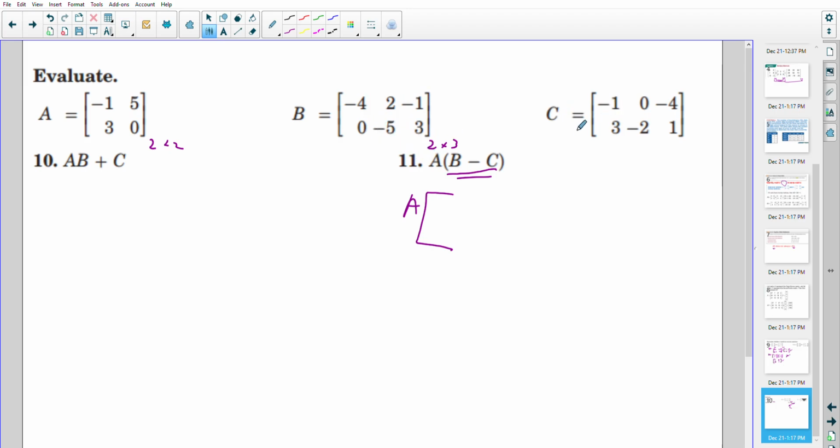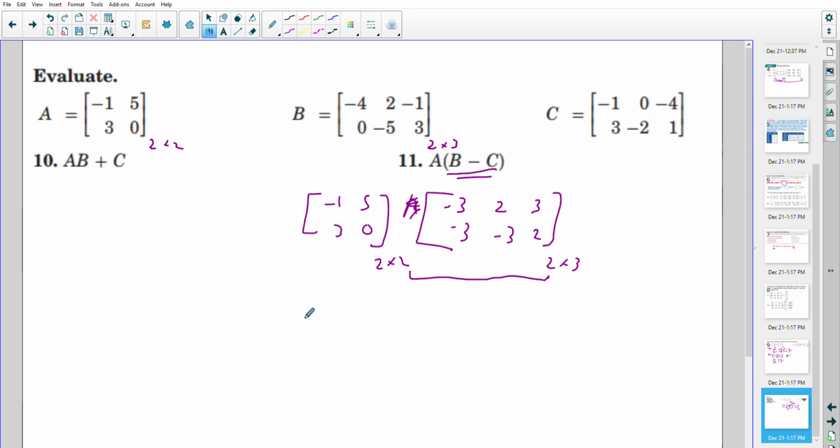So -4 minus -1 is -3. 2 minus 0. -1 minus -4. 0 minus 3. -5 minus -2. 3 minus 1. And I'm looking at multiplying matrix A by that particular matrix. All right, 2 by 2, 2 by 3. The result's going to be a 2 by 3. These match, so I can go ahead and multiply them.